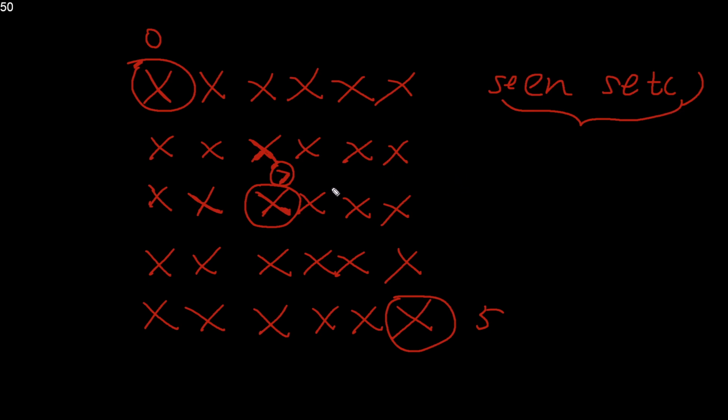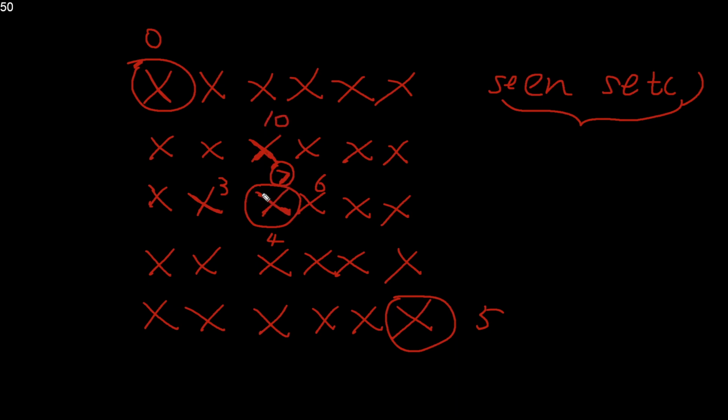I think it's obvious because let's say this one is 7, right? Since we're processing from the smallest to the biggest, let's say the neighbors have 3, 4, and 6. This one is, let's say, 10.